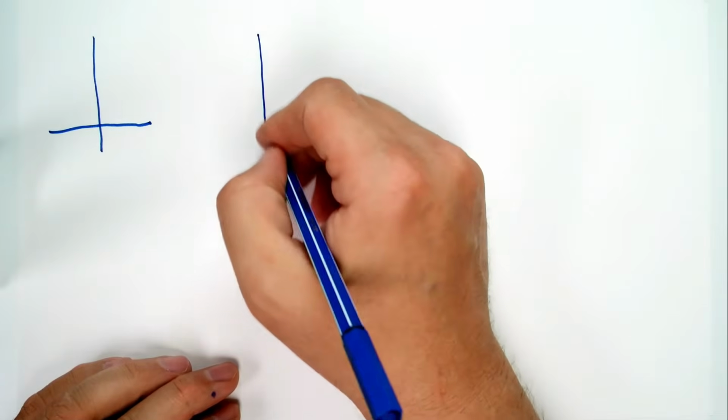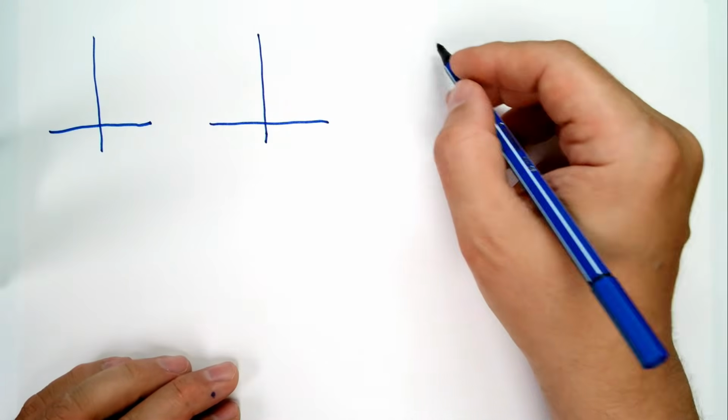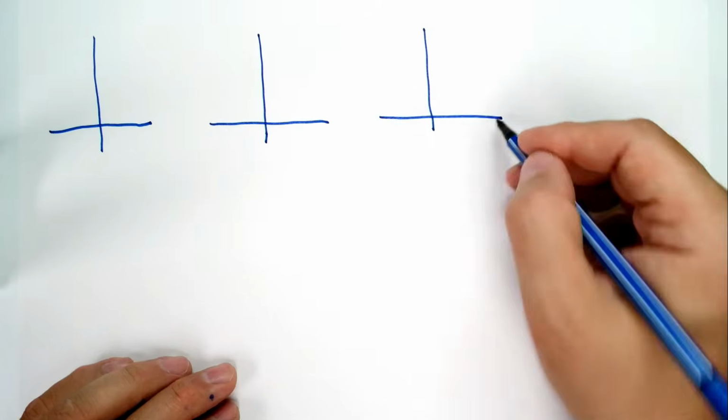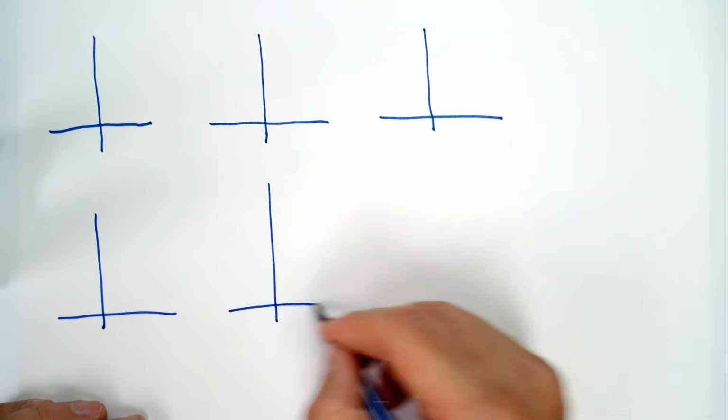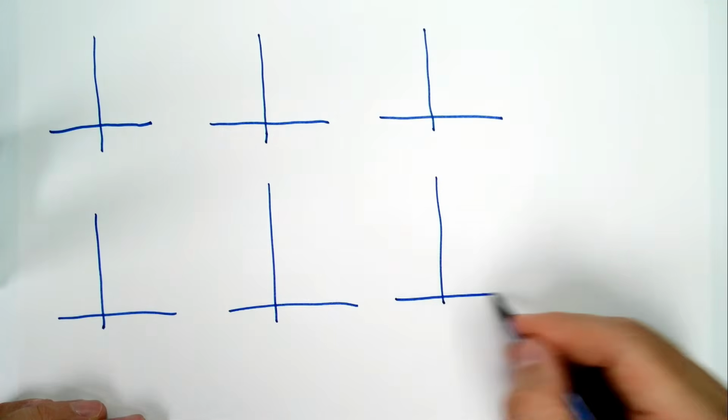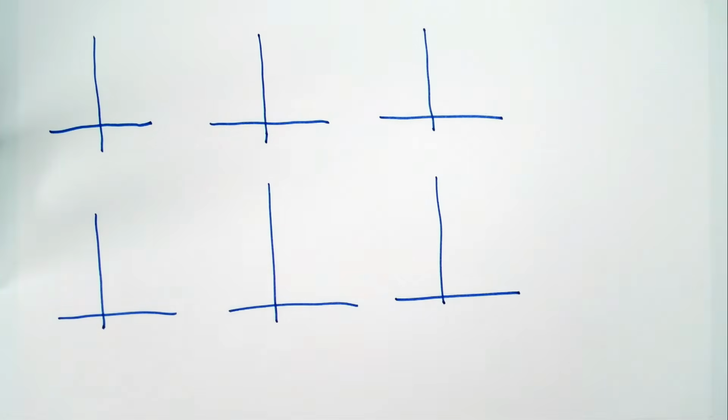So we're going to sketch maybe about a half dozen. Okay, so let's put some grids here, and we'll put some grids here. All right, so what are our curves?